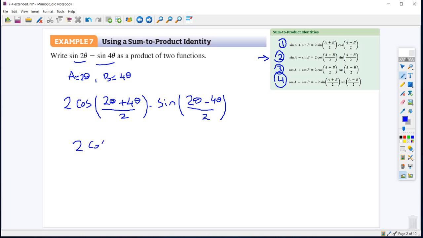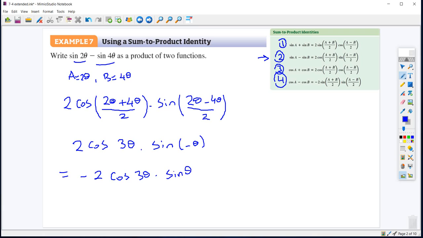This is still 2 cosine. 2 theta plus 4 theta is 6 theta, divided by 2 is 3 theta. And sine of (2 theta minus 4 theta) over 2 gives us negative theta. If we finalize it, the negative from sine of negative theta can be carried to the very front, and it looks like negative 2 cosine 3 theta times sine theta.